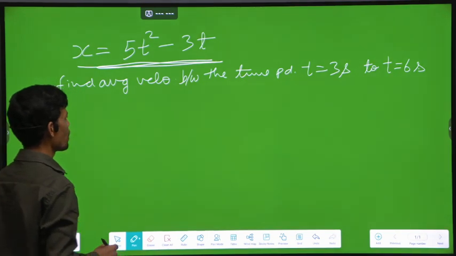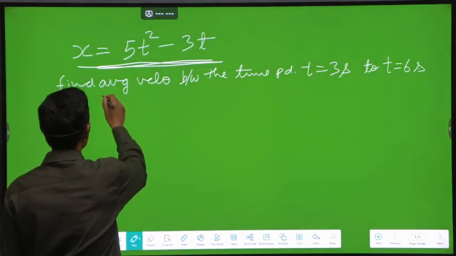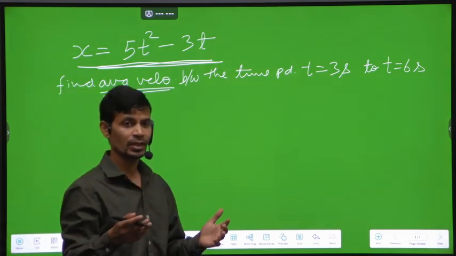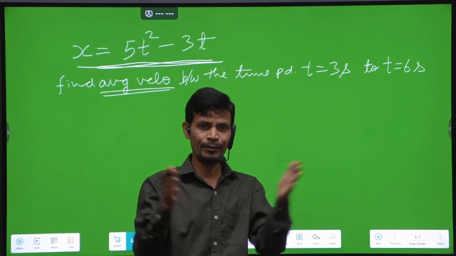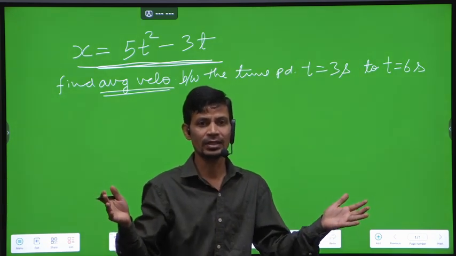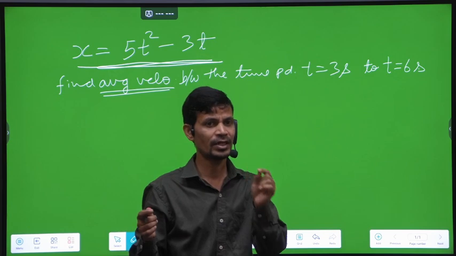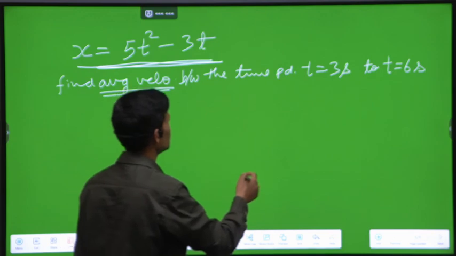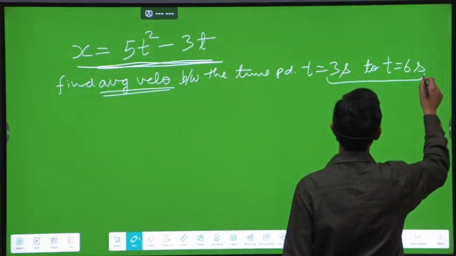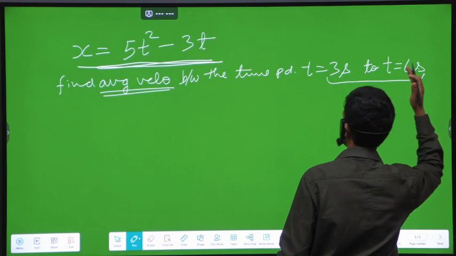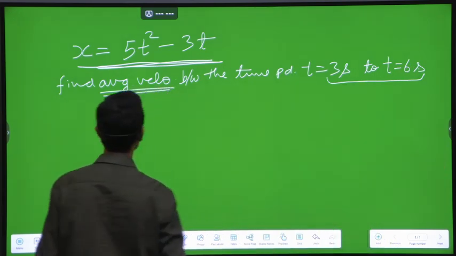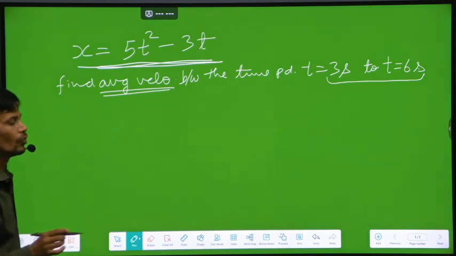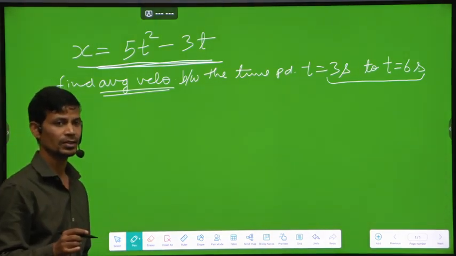Okay, so average velocity, remember, as I told you, for average velocity a bigger time scale will be there, while instantaneous is at that particular moment. See, this is the difference. So here there is a time range of 3 to 6. How are we going to find average velocity? So here we don't need to do differentiation.